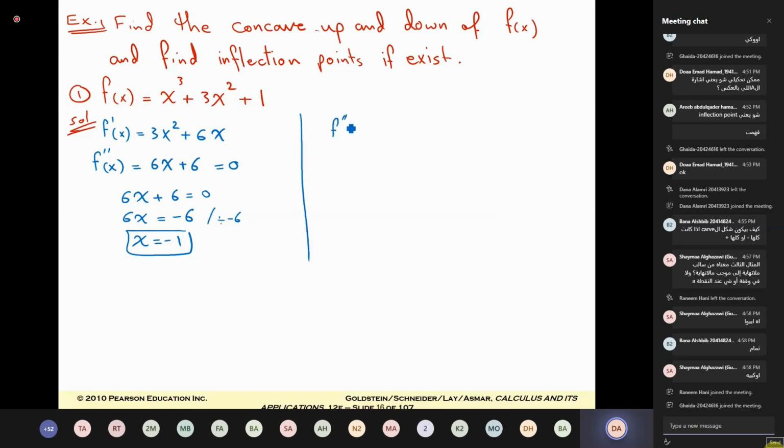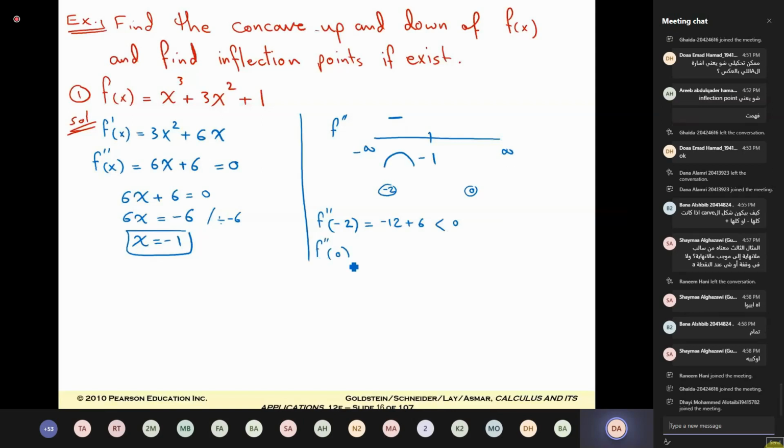For f double prime, we have negative 1 from minus infinity to infinity, so we can choose negative 2 and 0. If we choose f double prime for negative 2, we have 6 multiply by negative 2, negative 12 plus 6, so we have negative, so this is concave down.